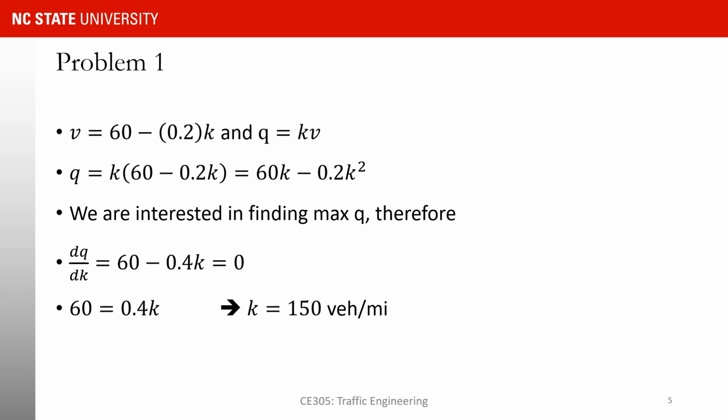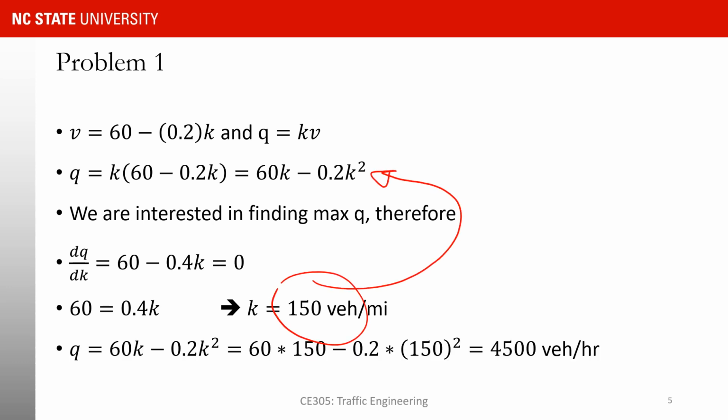This is the density at which we expect to see maximum flow. If you want to find maximum flow, you need to plug this value of density back into this equation. So you're going to have 60K minus 0.2K squared, you just put 150 for K, and your maximum flow rate is going to be 4,500 vehicles per hour.